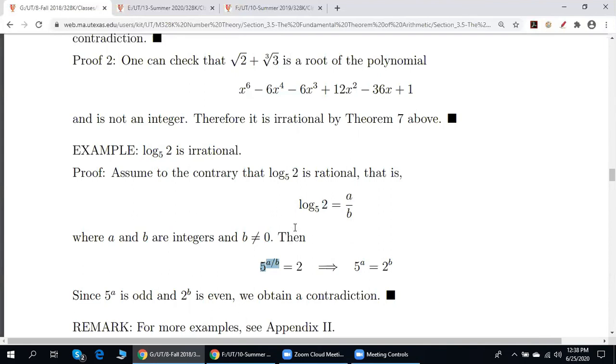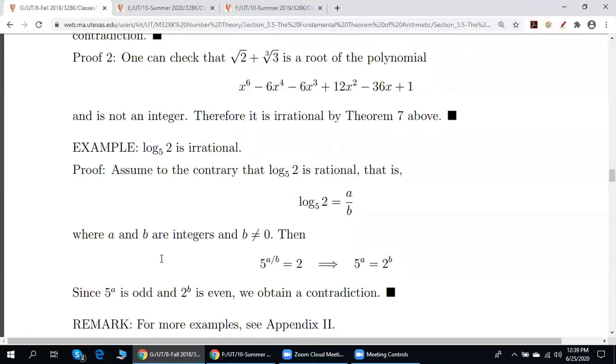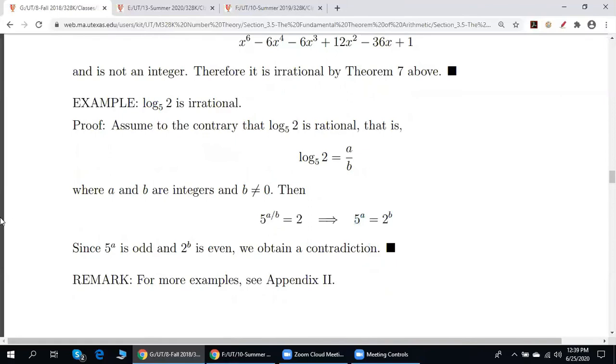The left-hand side, 5 to this power is 2. After that, raise both sides to the power b. We get this. A left-hand side is odd, or right-hand side is even. We get a contradiction. Folks, any questions here?